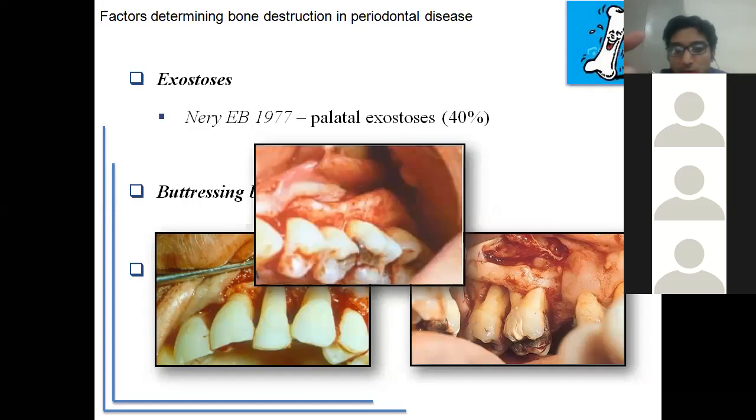Where do you get buttressing bone formation? In which stage of trauma from occlusion? There are stages of trauma from occlusion: injury, repair, and adaptive remodeling. Stage 1 is injury, second is repair, and third is adaptive remodeling. So in which stage of trauma from occlusion will you get buttressing bone formation?